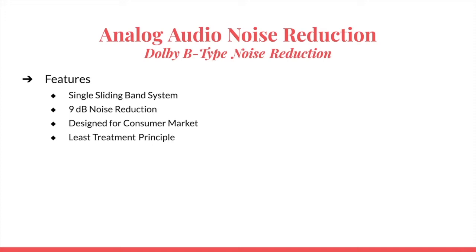Dolby B recordings are acceptable when played back on equipment that does not have a Dolby B decoder, such as most inexpensive portable and car cassette players. However, Dolby B provides less effective noise reduction than Dolby A. Without the de-emphasis of the decoder, the sound will be perceived as brighter as high frequencies are emphasized.